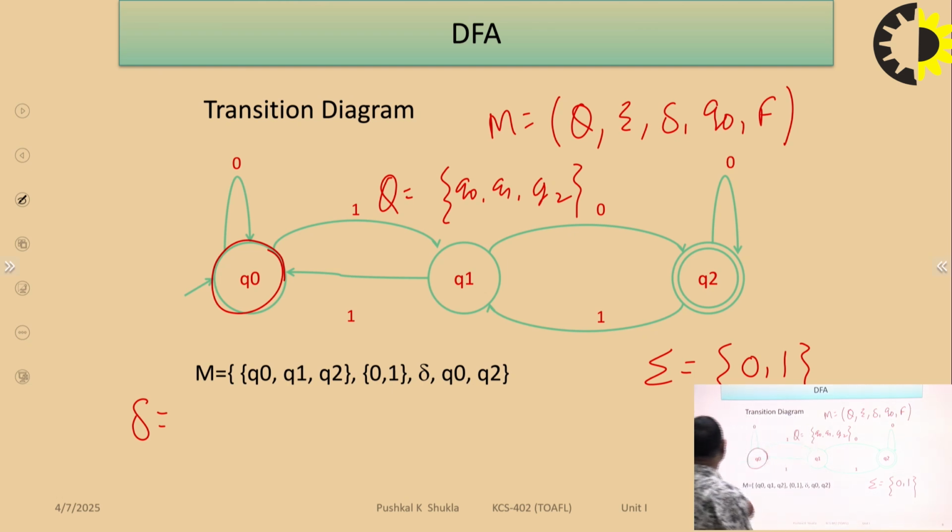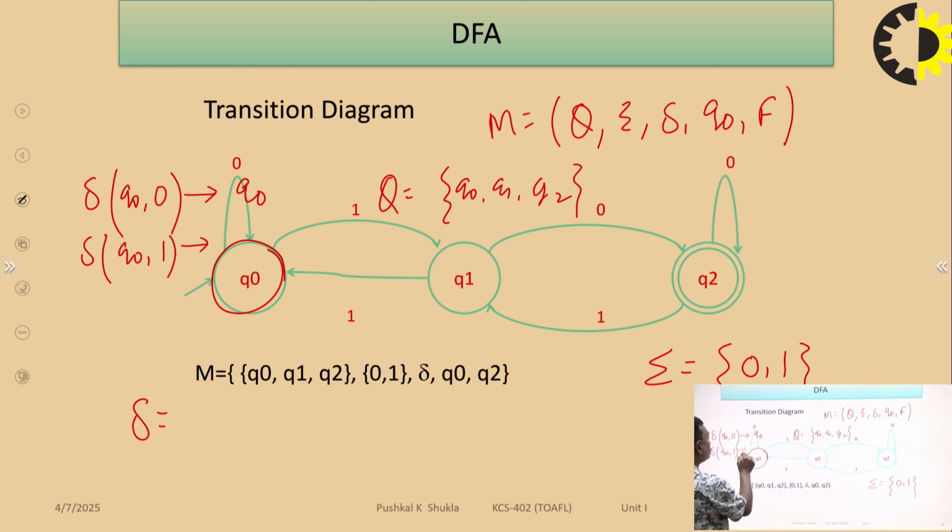So we write delta of Q naught, and the input given is 0, so it goes to Q naught. Again, delta of Q naught with input 1 goes to Q1.